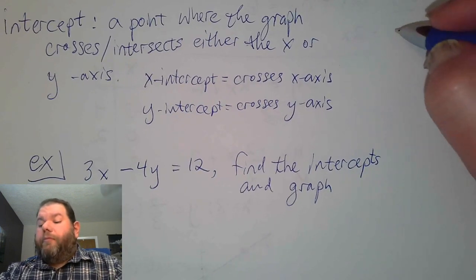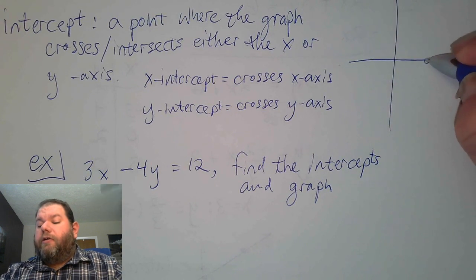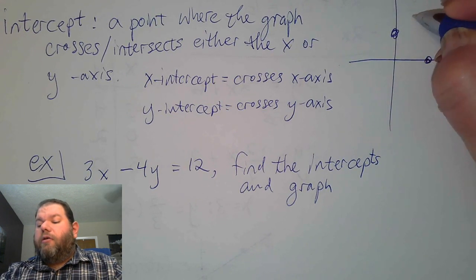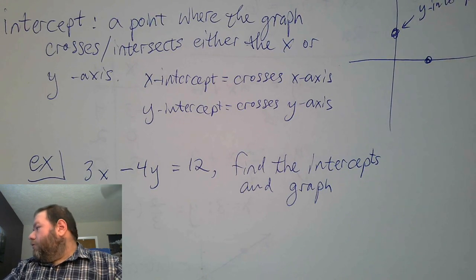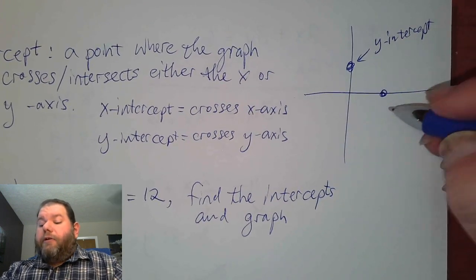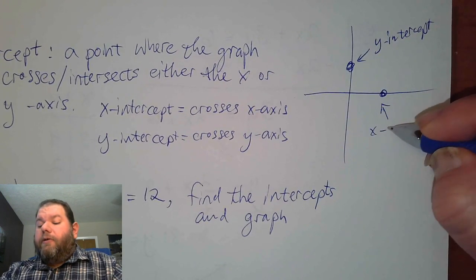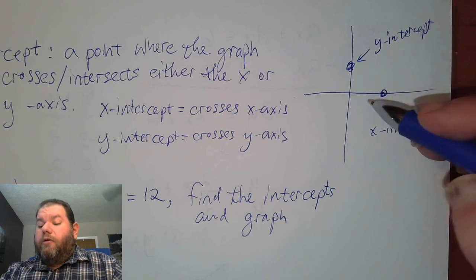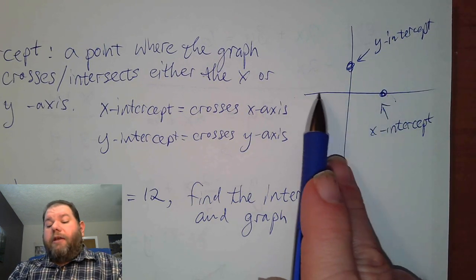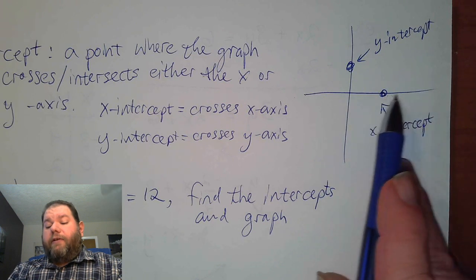Now, if we think about it, here's a y-intercept. You can't quite see that. Sorry. And then here's an x-intercept. Now an x-intercept could be anywhere on this x-axis.